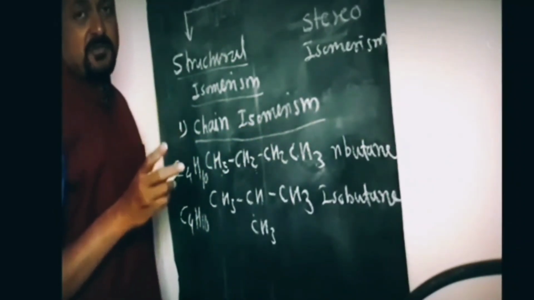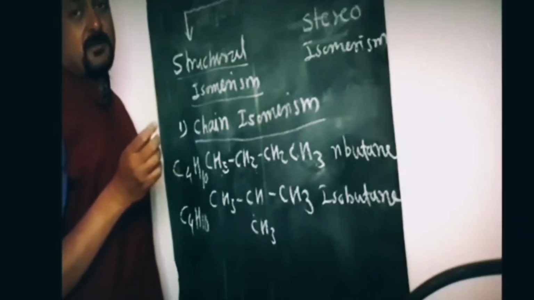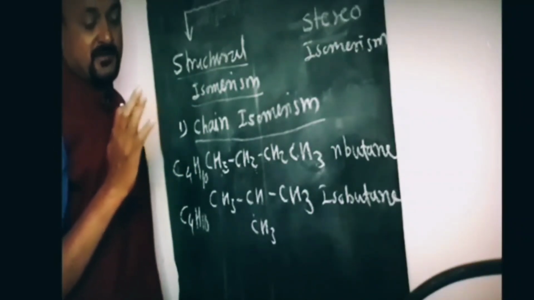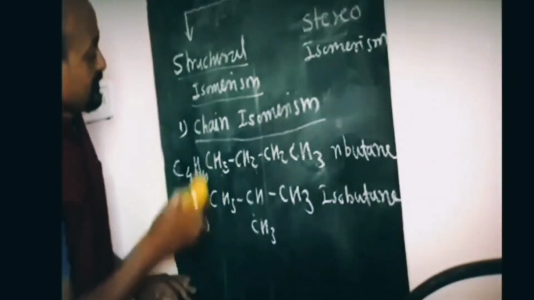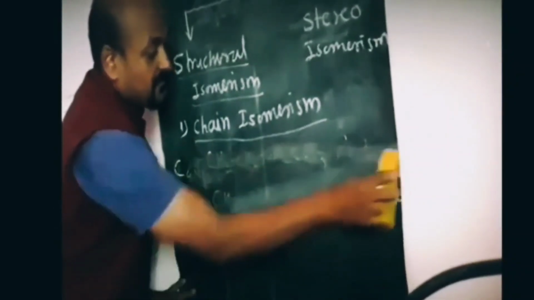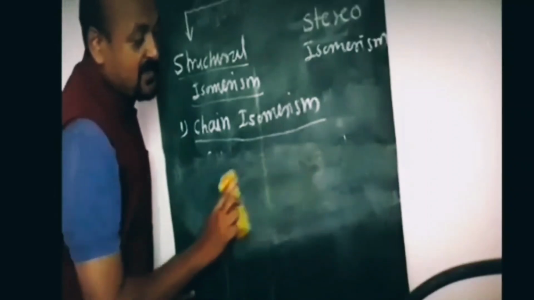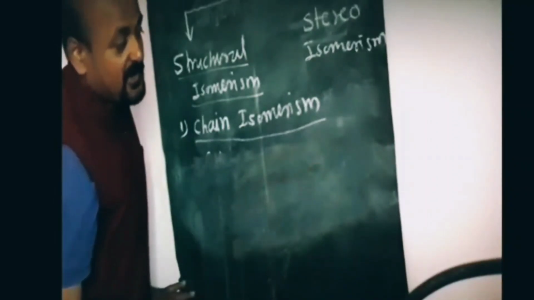N-pentane, isopentane and neopentane. These are the 3 chain isomers for pentane. So here these two compounds are having same molecular formula but different structural formula, as you know.